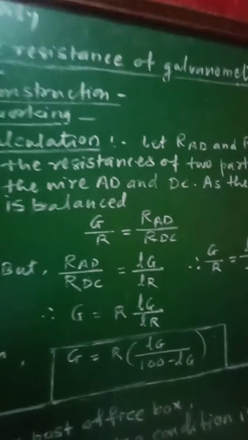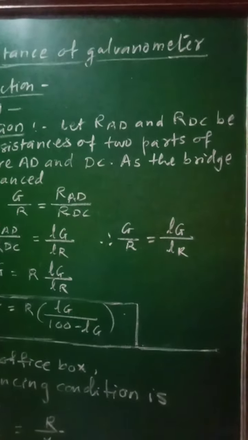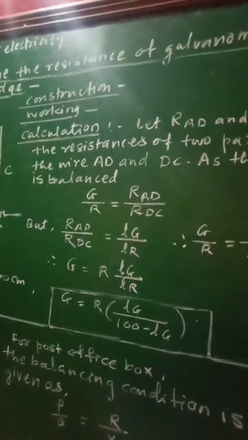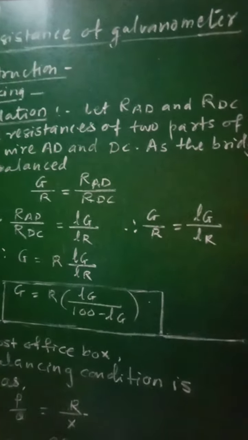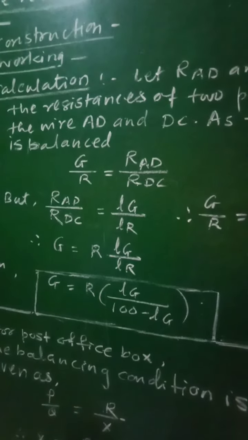Let RAD and RDC be the resistances of the two parts of the wire AD and DC.